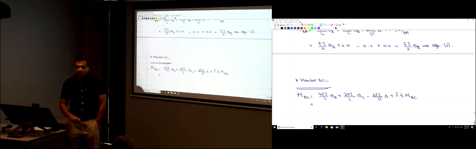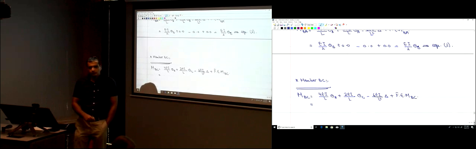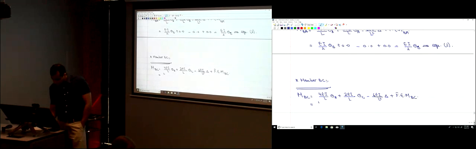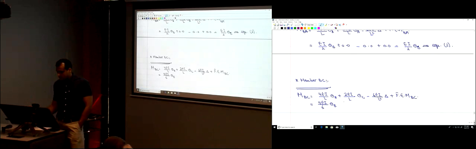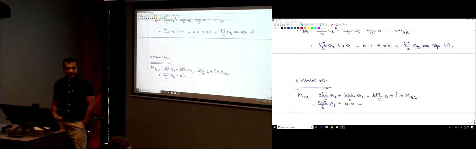So 4EI divided by L, how much is L? 6. So 4EI divided by 6, the length of member BC, theta B. It's unknown, so just leave it as is. 2EI divided by L theta C, how much is theta C? 0. Delta, 6EI divided by L squared delta, how much is delta? 0.